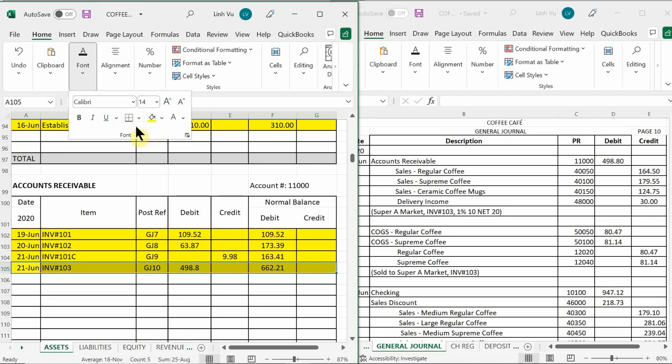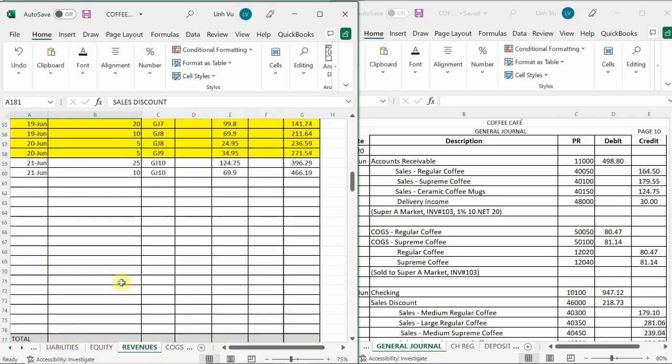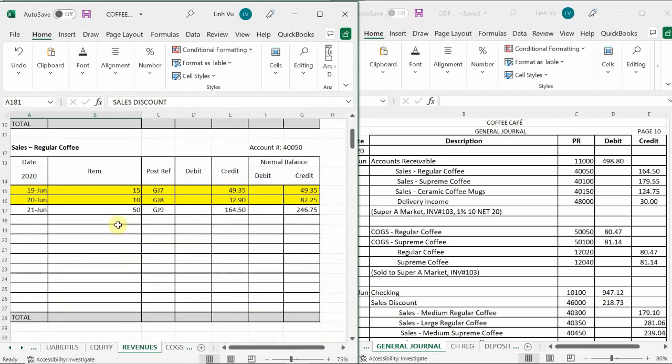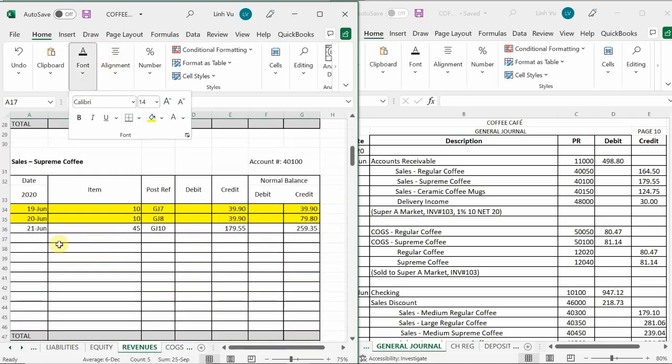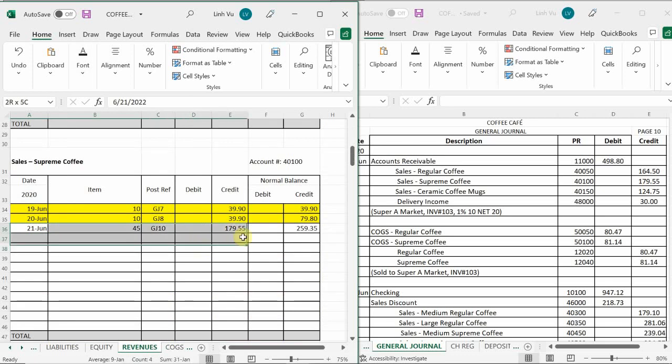Okay. And we did sales regular, Supreme, and coffee mugs. Okay. So let's see. We sold $164 for regular, we sold $179 worth of Supreme.